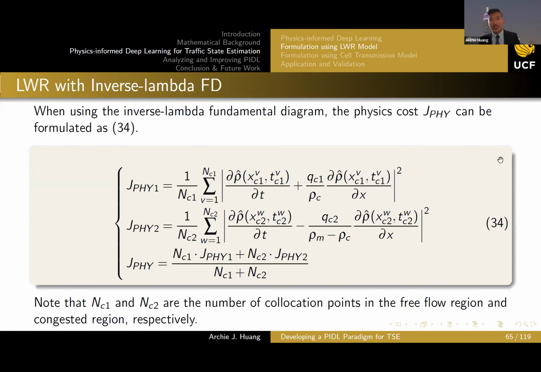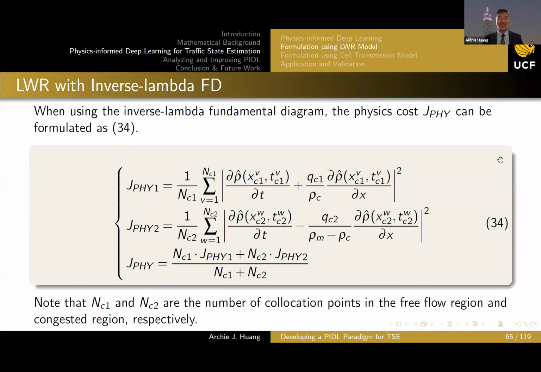Next, we will formulate this PIDL with the LWR model and another type of fundamental diagram, which is the inverse lambda fundamental diagram. Recall that in the inverse lambda fundamental diagram, there is a capacity drop after your density reaches the critical density.